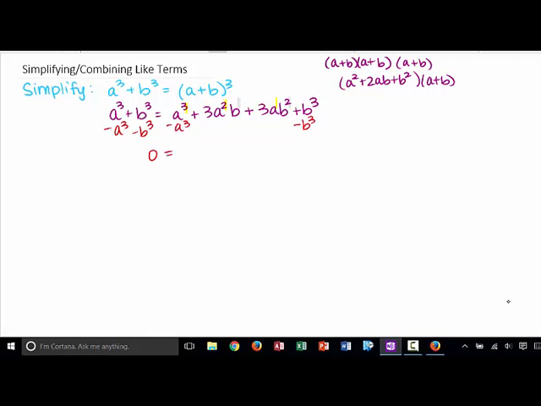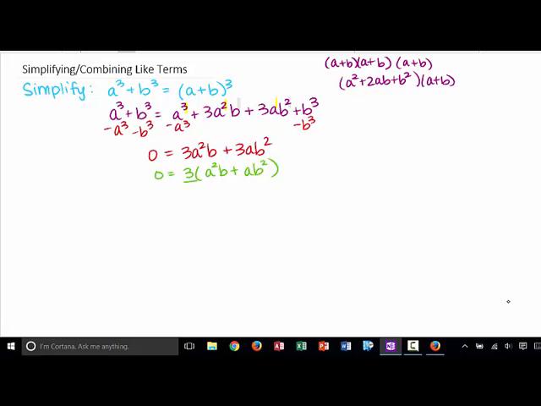So I have 0 equals 3a squared b plus 3ab squared. And what I'm hopeful that you are in good habits of doing also is making sure that you write 0 equals, because it still is an equation, so we still need to keep that the same. I can factor out a 3, and I'm not going to factor out anything else quite yet.